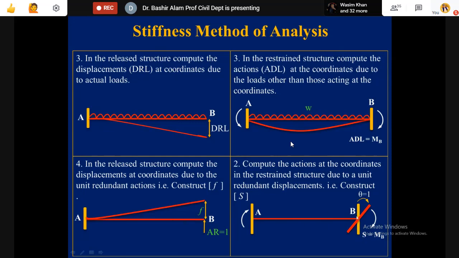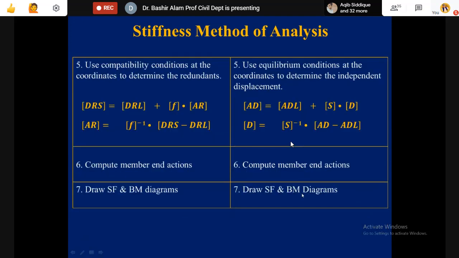Here F is calculated, here S is calculated; here it was displacement, here it is action. Next, in step number 5, in the comparison, the compatibility condition is applied in the flexibility method, while in the stiffness method, the equilibrium condition will be applied.